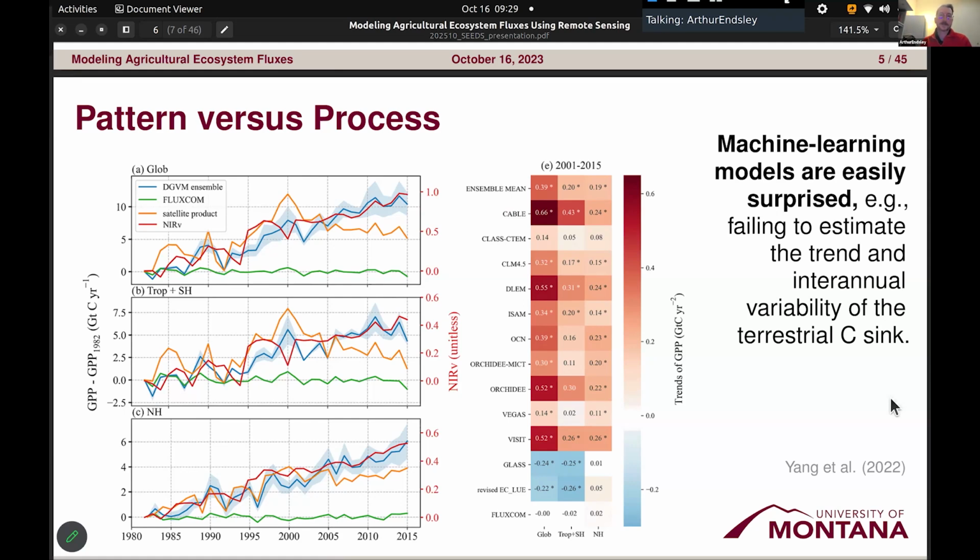So very clearly, this machine learning model, which is an ensemble tree model like random forest, is only capable of learning these cross-sectional relationships. It's not capable of predicting this secular trend that we know is quite real, and we see it in these other products.